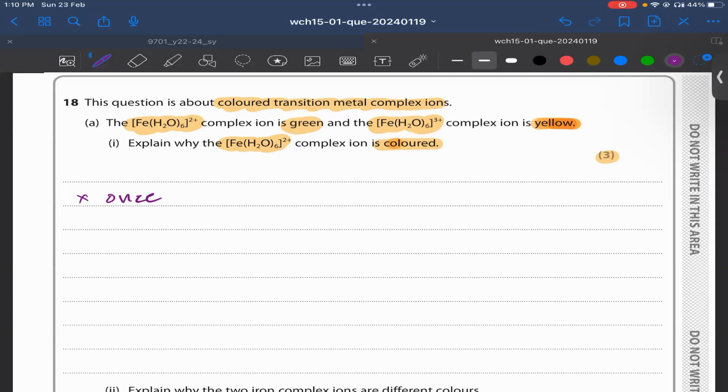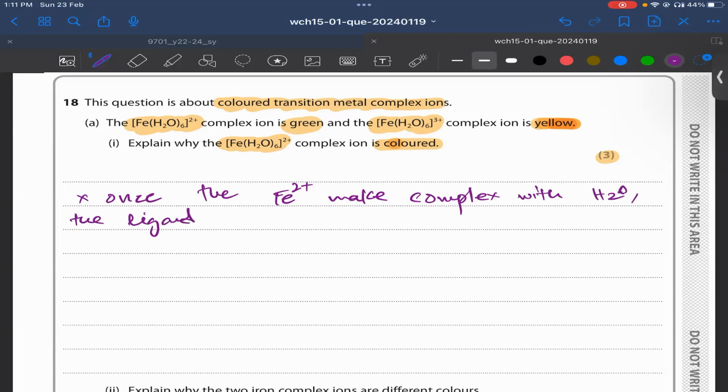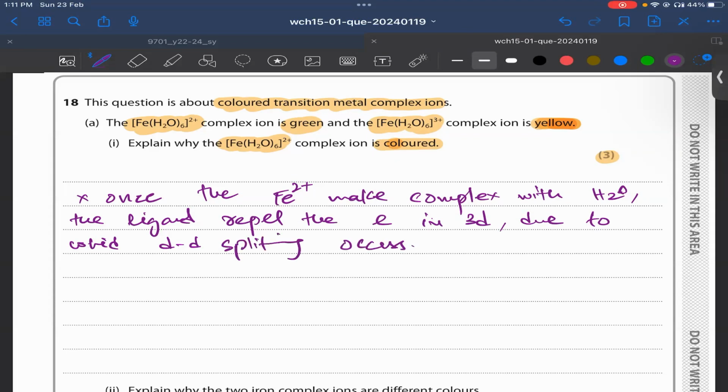Once the Fe2+ ion makes a complex with H2O, the ligands repel the electrons in the 3d subshell, due to which d splitting occurs, right? First point, d splitting occurs.